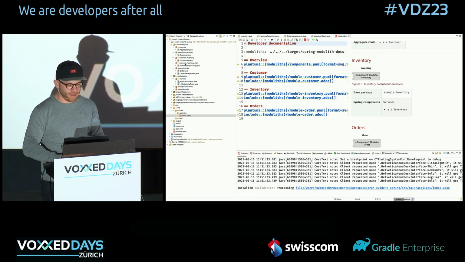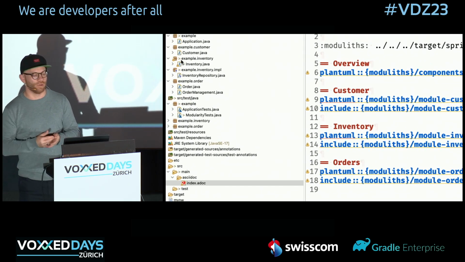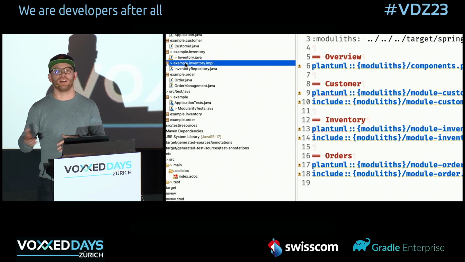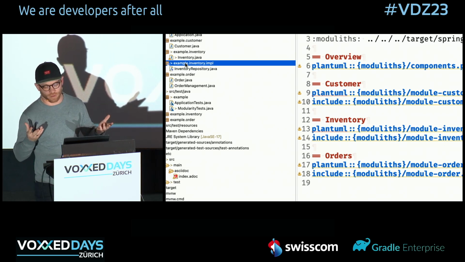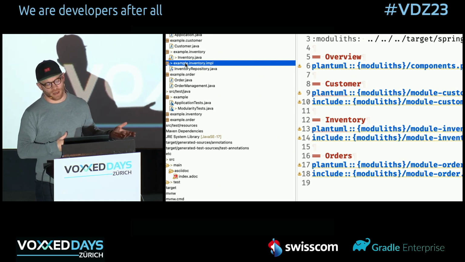So the fundamental idea is that you put all of the stuff that you want other modules to be able to use in the very base package of your module, and everything else is hidden by default. You can then selectively add some configuration to export other packages or other types as part of the API.